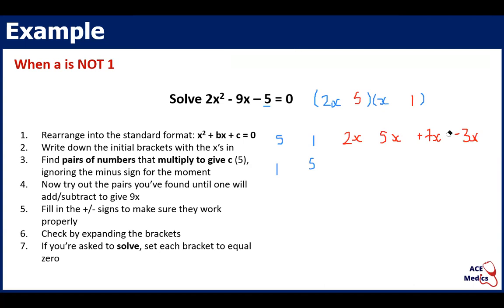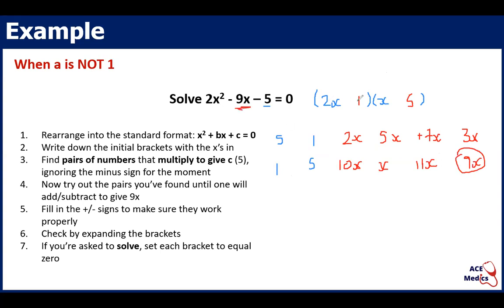And if it was 1 and 5, so the other way around, we would have our outies, so 10x, our innies, which is x. Now if we add them, we'd get 11x. If we subtract them, we get 9x. So subtracting them gives us our 9x.